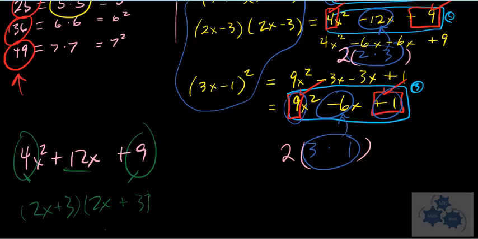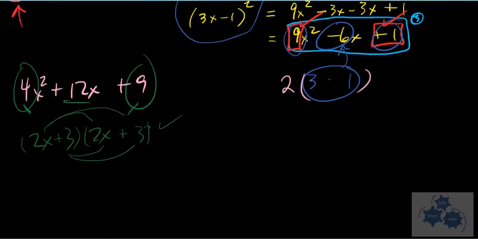So if you do a quick FOIL in your head, is this the factored form? Well, we have 4x squared, we have 6x, another 6x, there's just 12x, and then 3 times 3 is 9. So yes, that is a perfect square trinomial. Okay? So some of this you're going to be able to do a little further in your head.